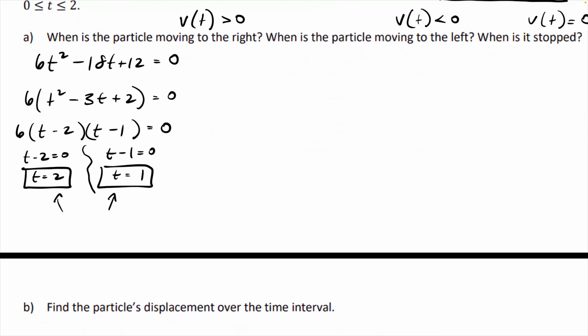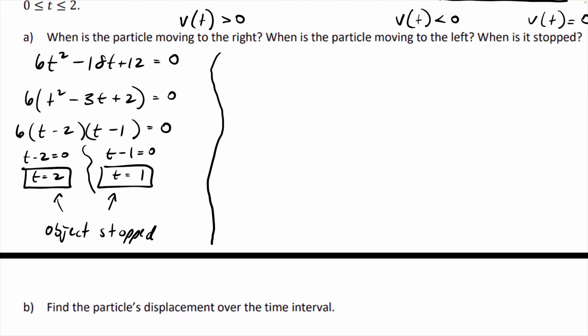To the right means greater than 0. We didn't find when it was greater than 0 yet. What did we find? When it was equal to 0. So when it stops, right? That means the object is stopped at t equals 1 and t equals 2. Okay? So we got 1/3 of our answer.